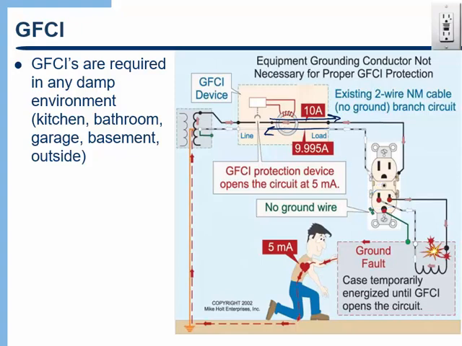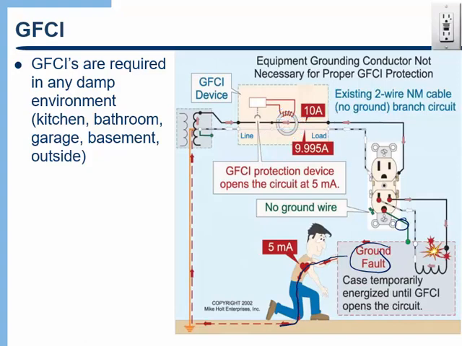And let's say that we've got our person here and we've got some problem with this appliance so that we get a ground fault, meaning that there's not that safety ground to take the electricity safely back, and it starts flowing through our person. Well, what our GFCI device does is it monitors the current going out and coming back from the appliance.